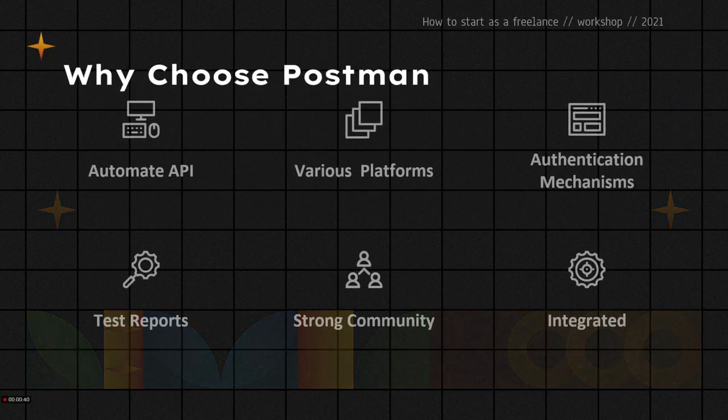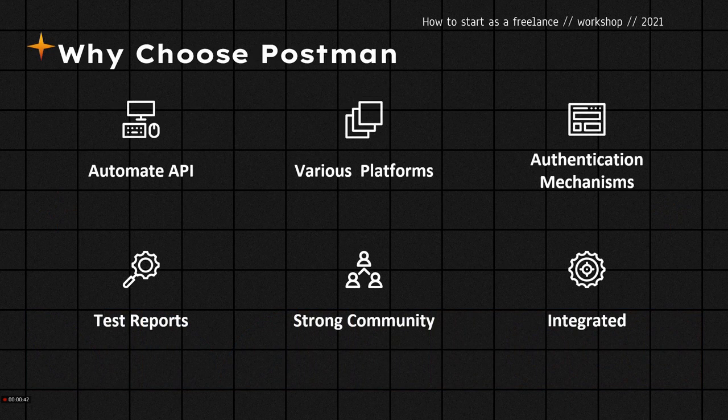There are 6 main reasons why we choose Postman. The first is that Postman lets you automate API testing and integrate it into your CI/CD pipeline. The second reason is Postman supports many platforms like Mac OS, Windows, Linux.